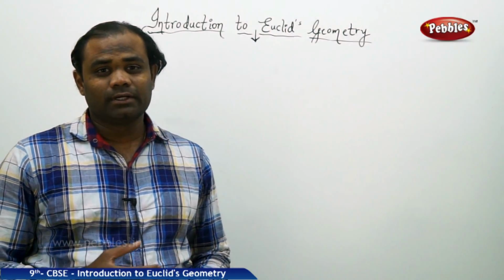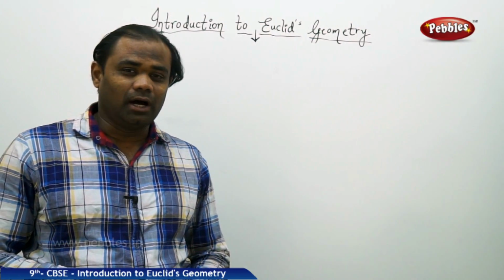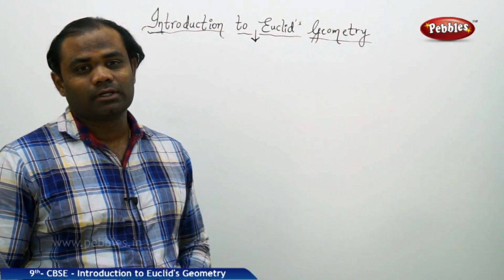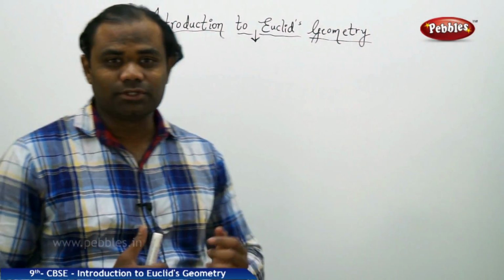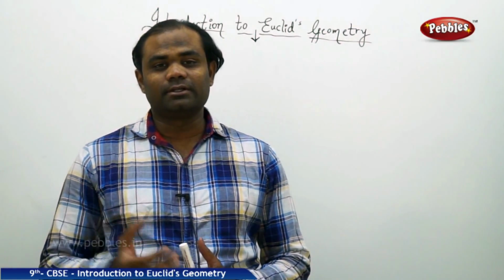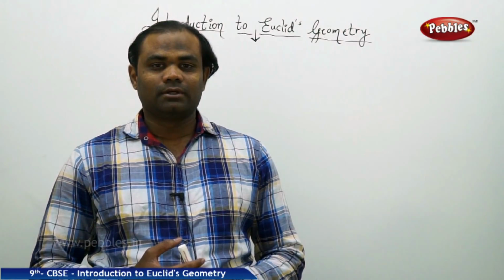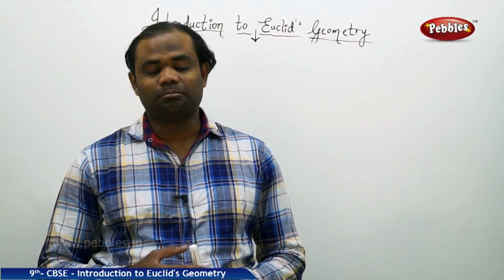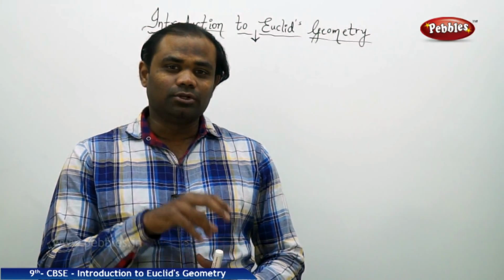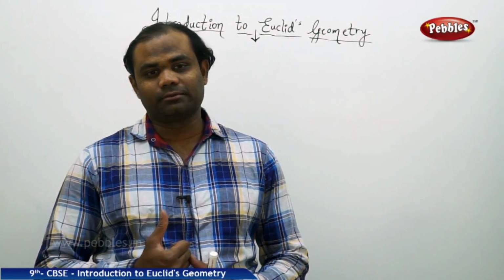Now let's see the theorem. Let's see how Euclid proved a theorem using the 5 postulates which he invented. So let's see how the postulates have been useful in proving a new property through contradiction.